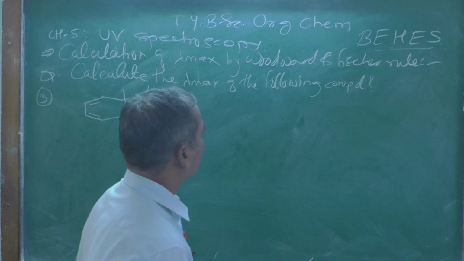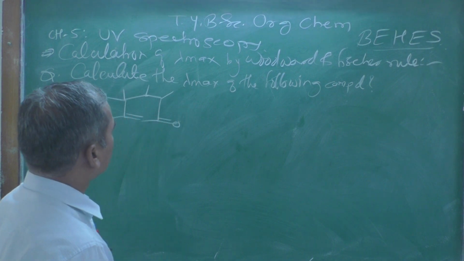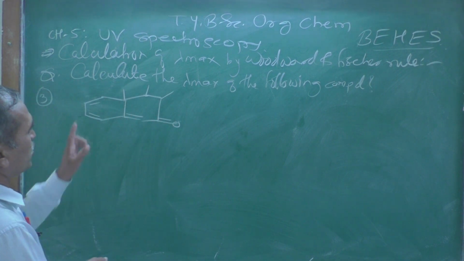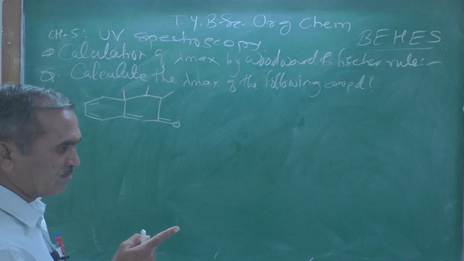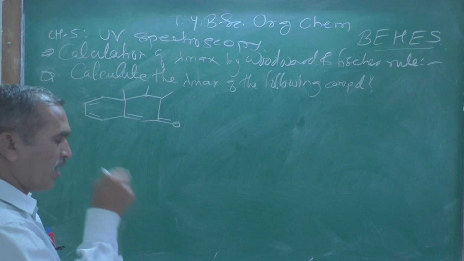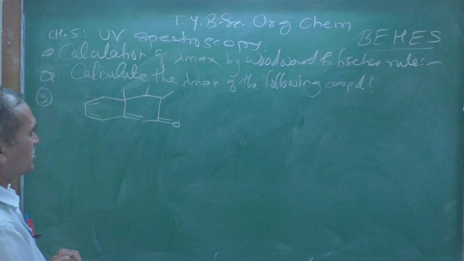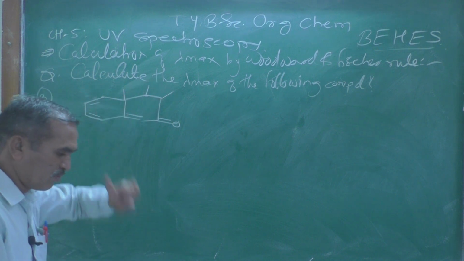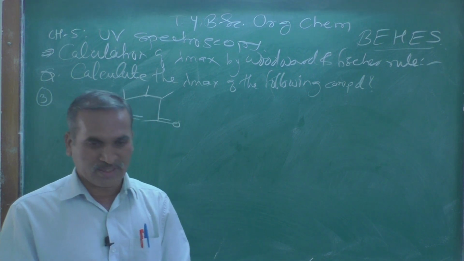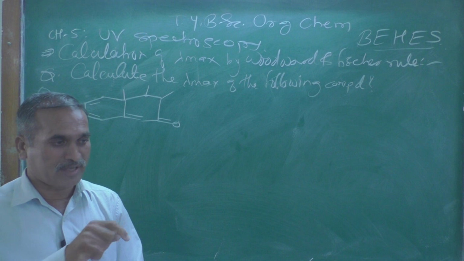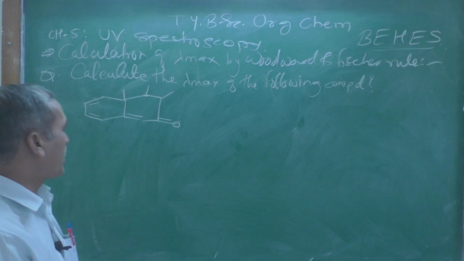One can identify an enone system if there is a carbonyl group; then it will definitely be the enone system. Look here, the carbonyl group is always present outside the ring.